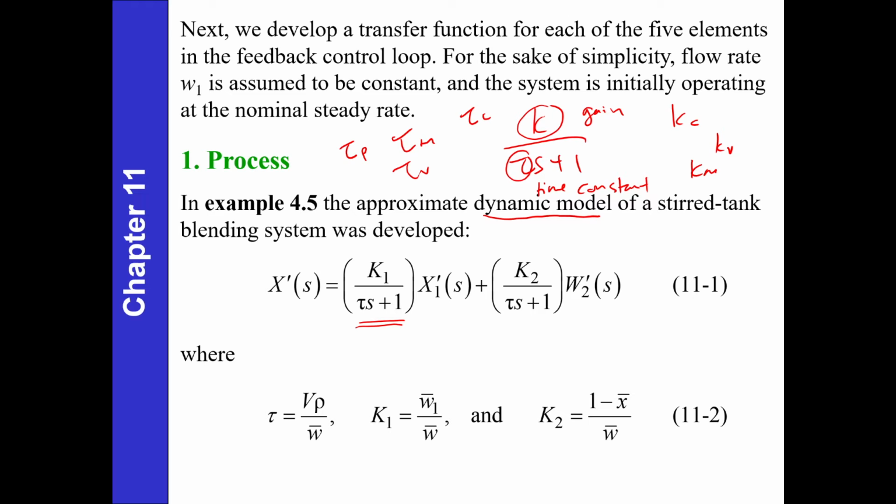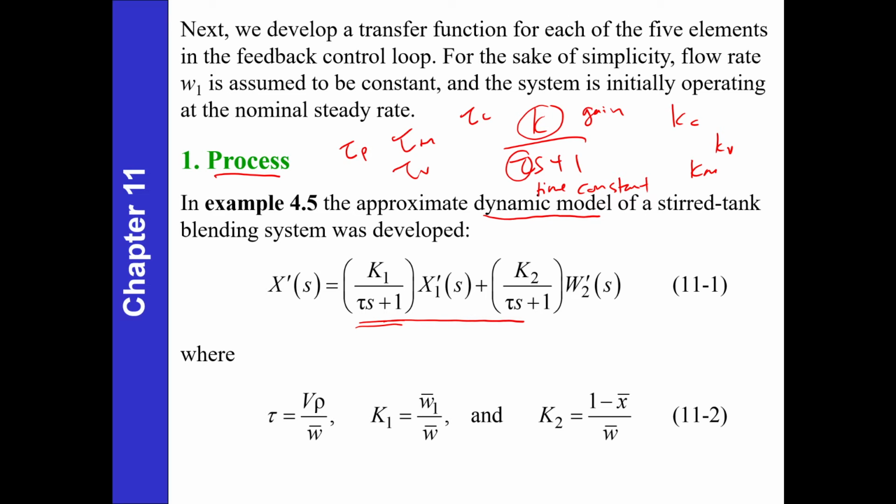This is the transfer function for the process, which is your lovely stirred tank blending process. For the process, we have a transfer function. How to get a transfer function from a dynamic model is another thing.